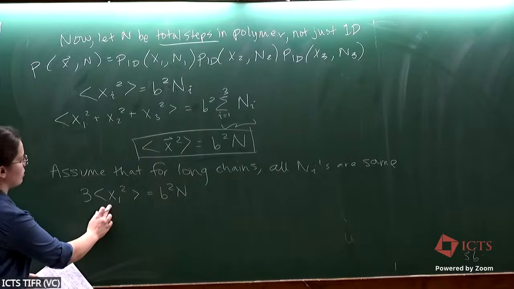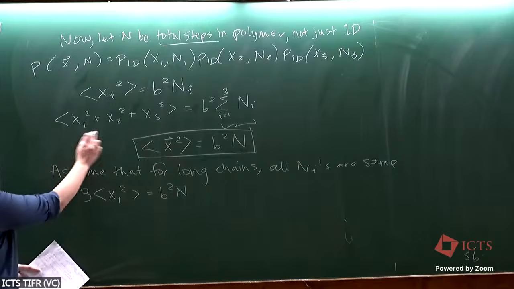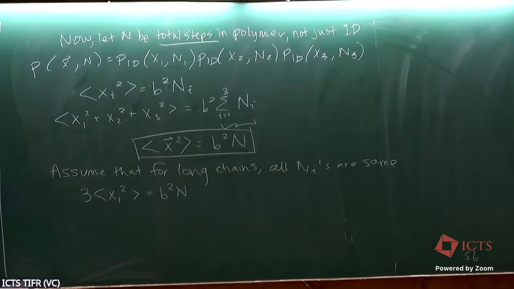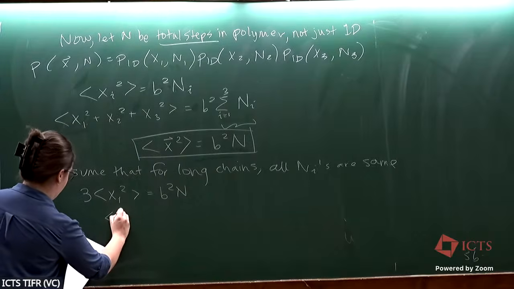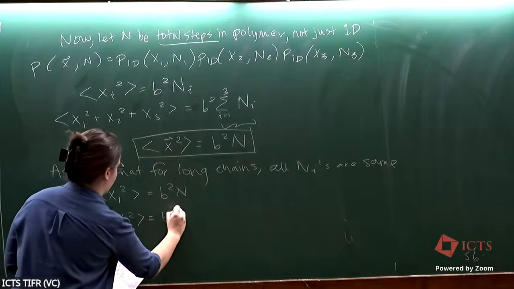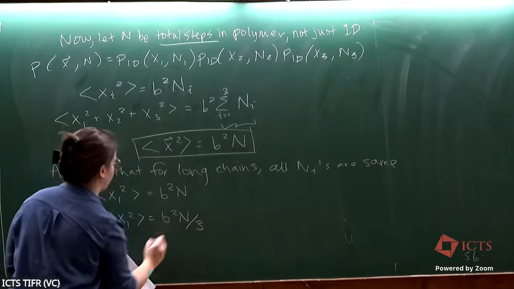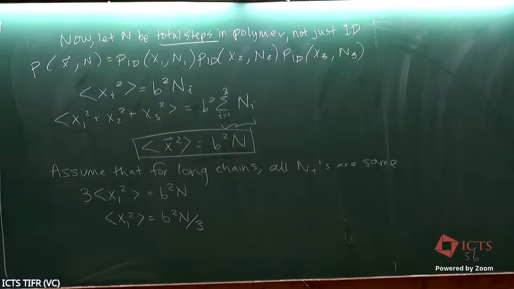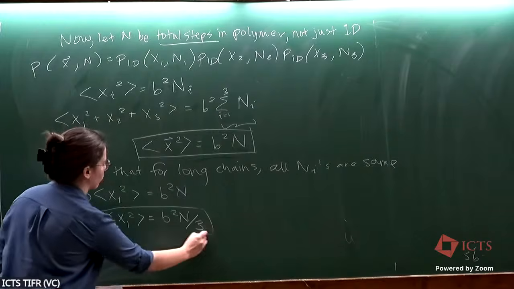The x1 squared, x2 squared, x3 squared will be identical. And so for our 1D random walk, in terms of the n that now corresponds to the total steps in the chain, we are going to assume that there are n over 3 steps in each direction.